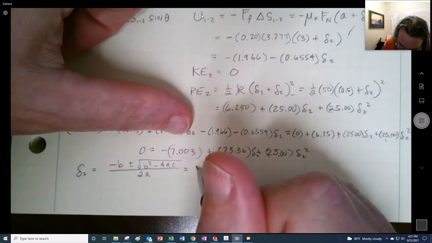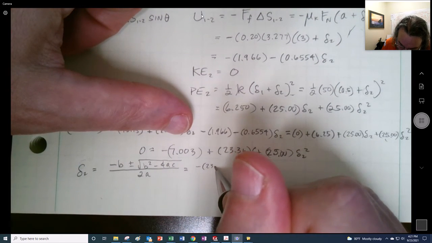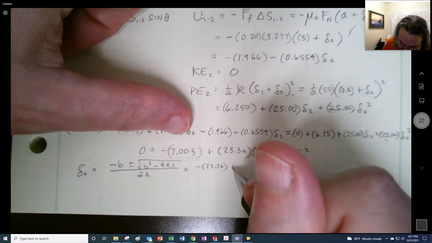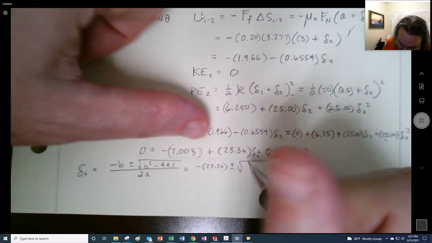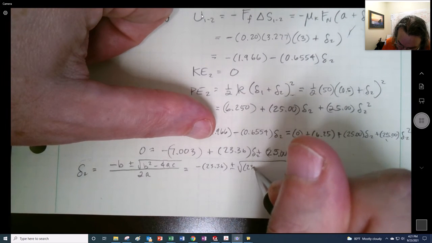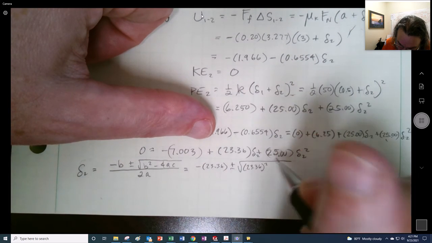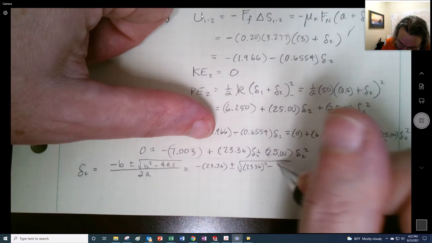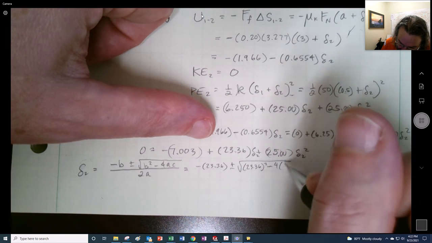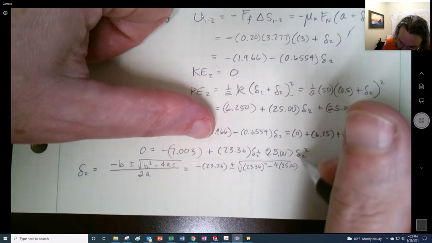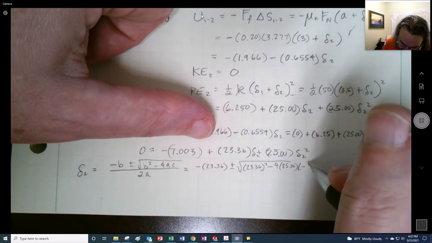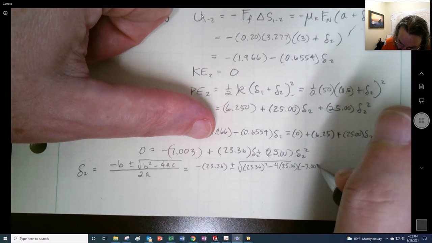So it's going to be negative 23.36 plus or minus the square root of B squared, which is 23.36 squared, minus 4 times A, which is 25.00, times negative 7.003.